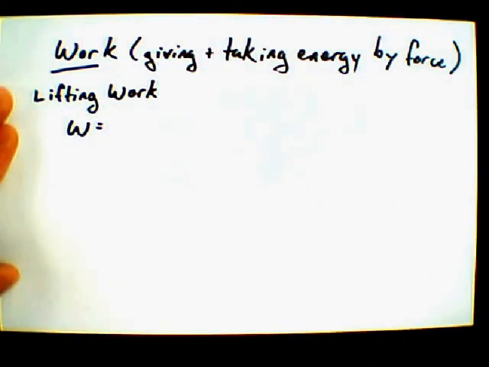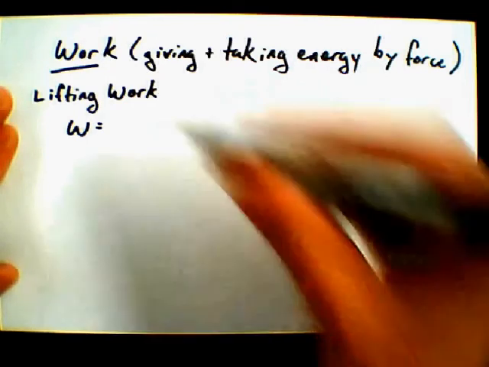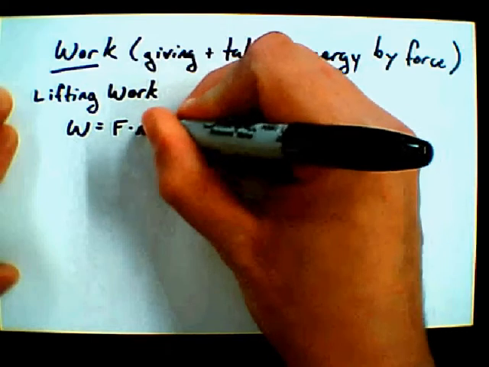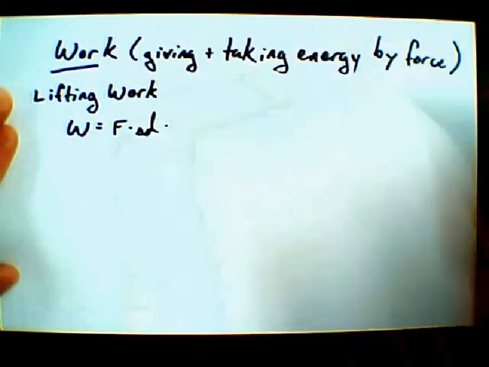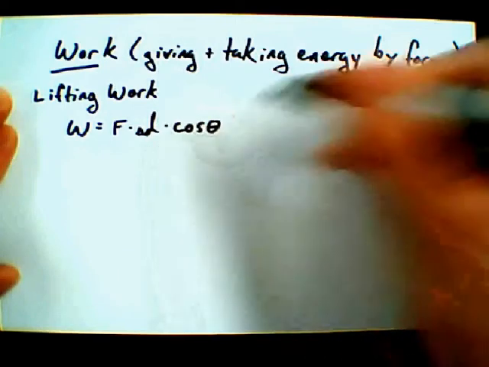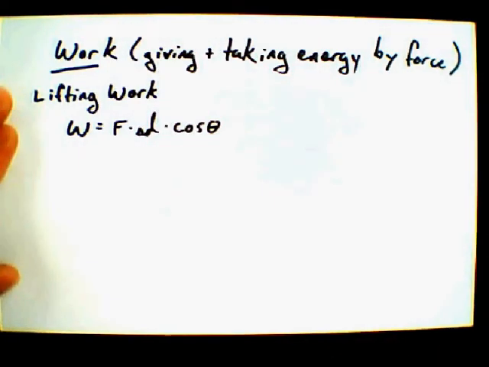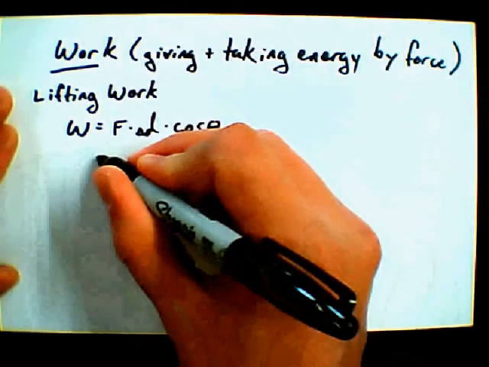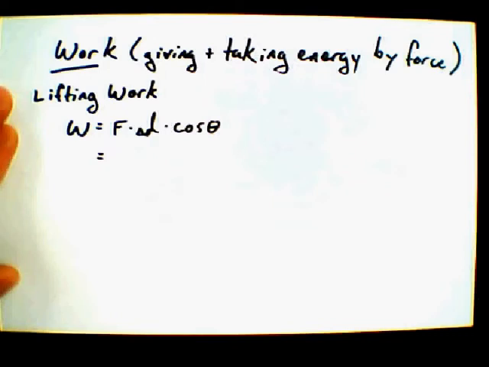Work equals force times displacement times cosine theta. For people that have taken the calculus course, anybody recognize what type of vector multiplication that is? Dot product? Yeah, it is. Work equals force times displacement times cosine of theta.